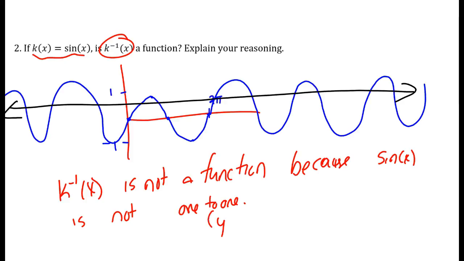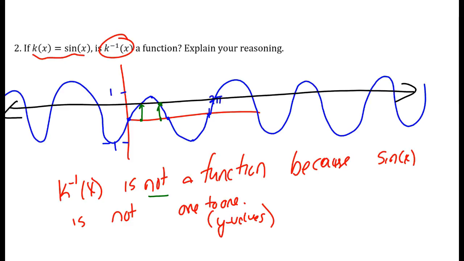That means y values repeat. Different inputs, this input here and that input there, both go to the same output. Our y values repeat, which means it's not 1-to-1. Not being 1-to-1 makes the inverse not a function.